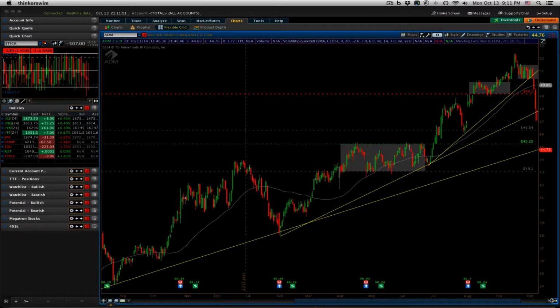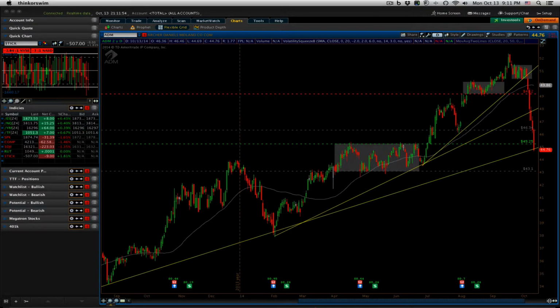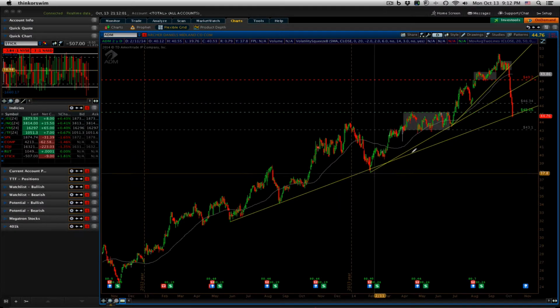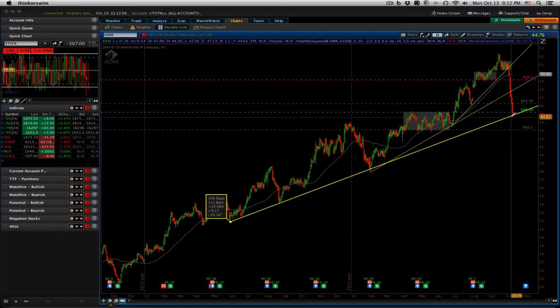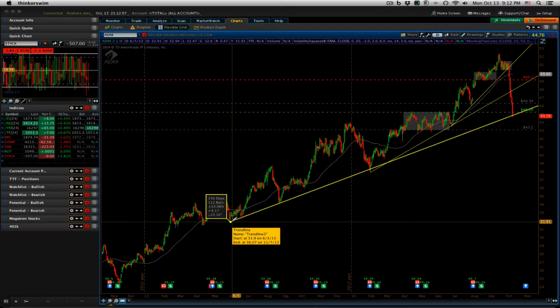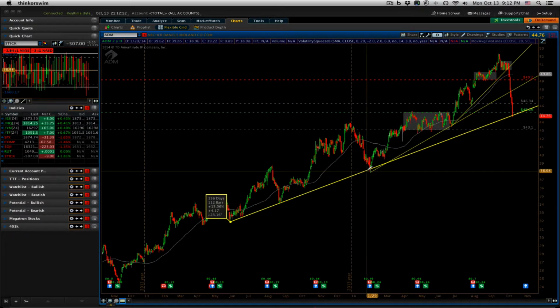Now what happened since that trade? Since we took that trade off, it has continued to fall, and it actually came in and is now testing a little longer term trend line, this bottom line here that connects the lows from June, August of 2013, and then February of 2014.